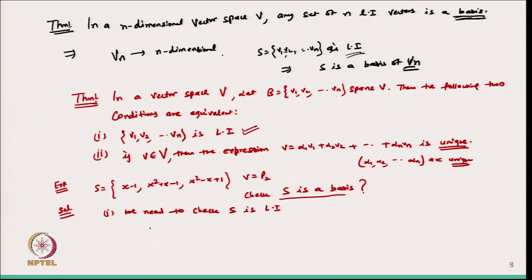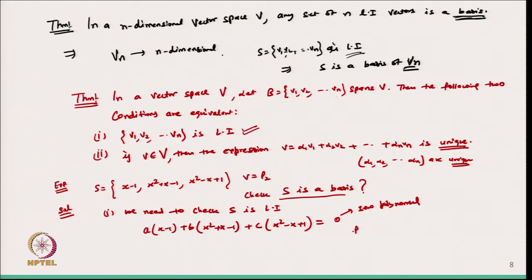So, for this one what I am going to do is I will take A times x minus 1 plus B times x square plus x minus 1 plus C times x square minus x plus 1, and then put it equal to 0. 0 means the 0 polynomial. Okay, let us solve this one.